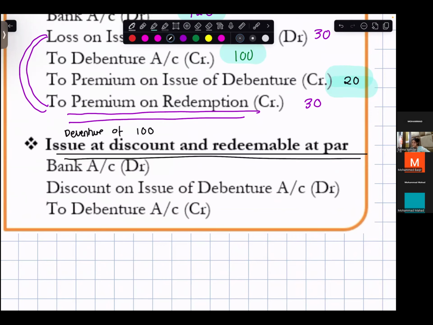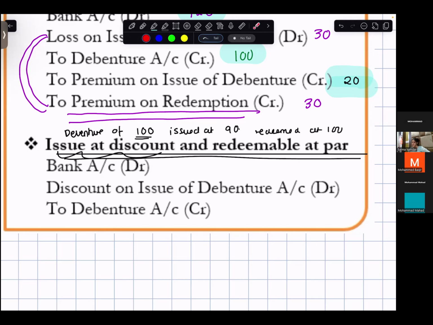Issued at discount. So give me an issue price, like 10%. Okay, 90. Redeemed at par, so 100, basically. Very good.